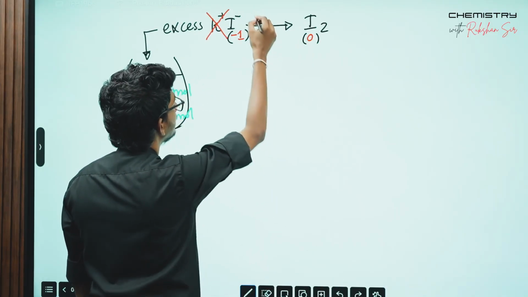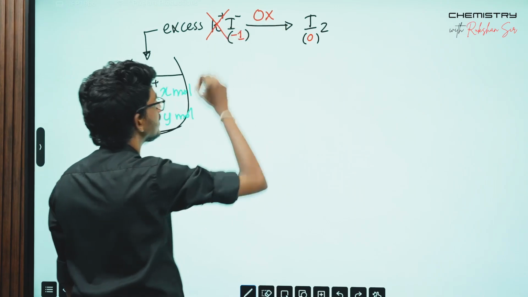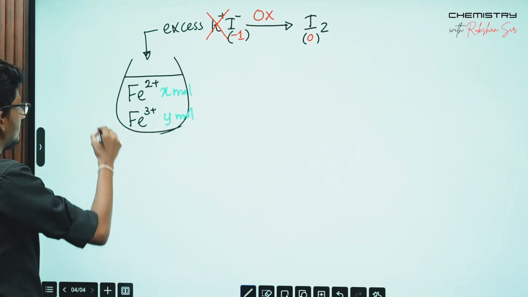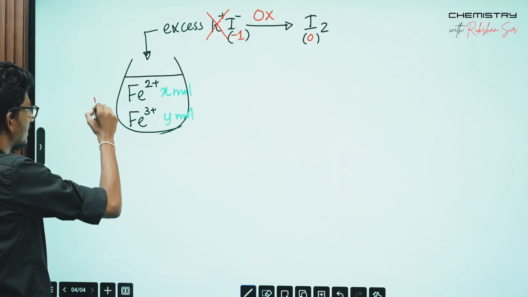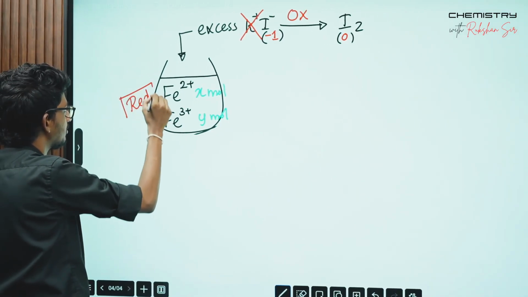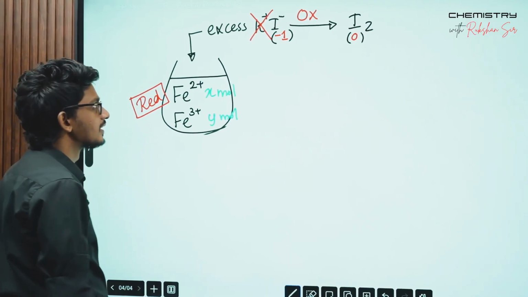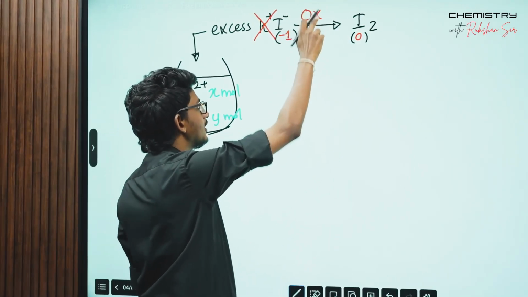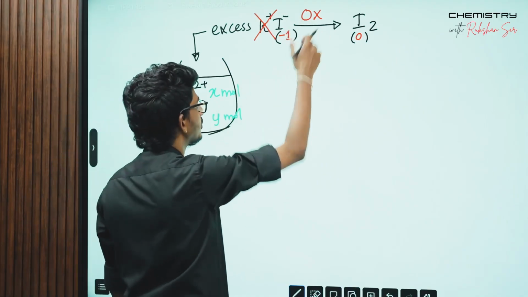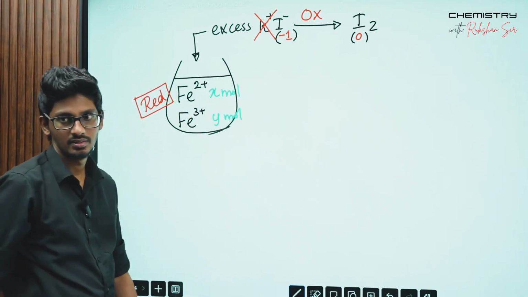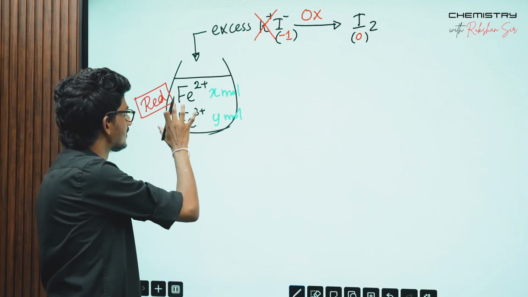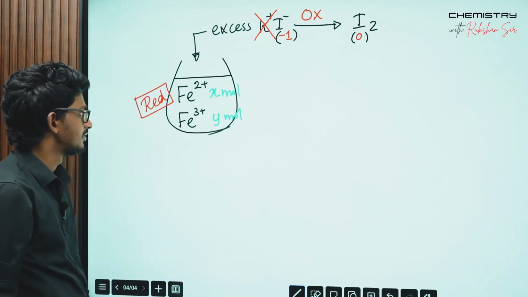Minus 1 goes to 0 means it's an oxidation. So only a reduction could be possible at the flask. For this guy to get oxidized, there should be someone to accept those electrons. For this guy to release some electrons, there should be someone to accept the electrons, right? So we are thinking of only a reduction at the flask, right?